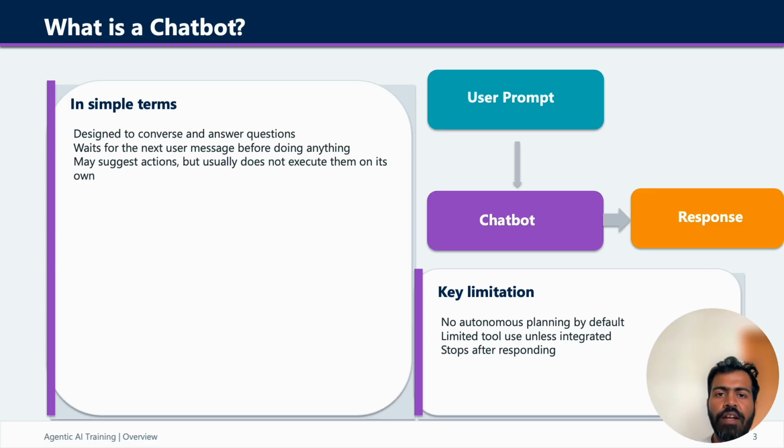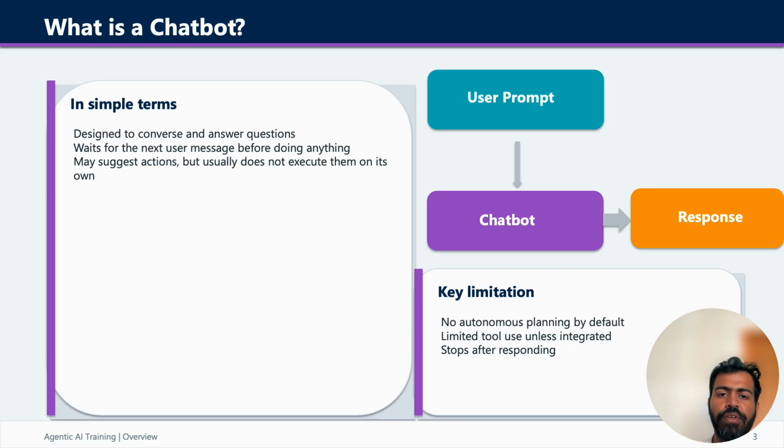Let's start with chatbots. So, what is a chatbot? Because they are the baseline most people know. A chatbot follows reactive patterns. You ask something, it answers, and then it waits. This makes chatbots great for question and answer, drafting, summarizing, and guidance. But the key limitation is chatbots typically do not independently act.